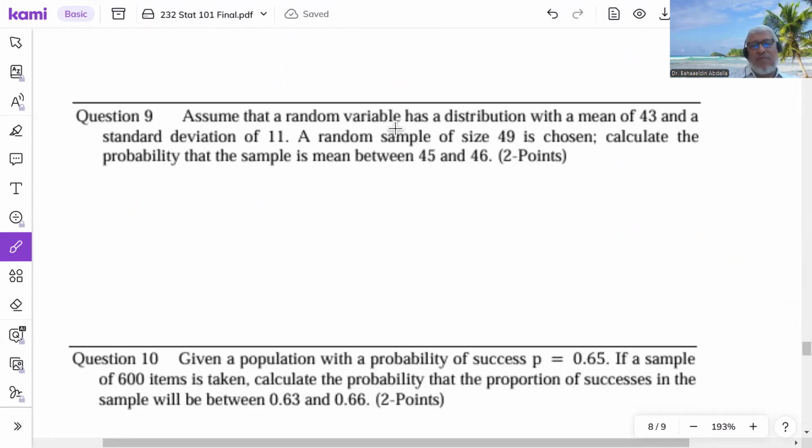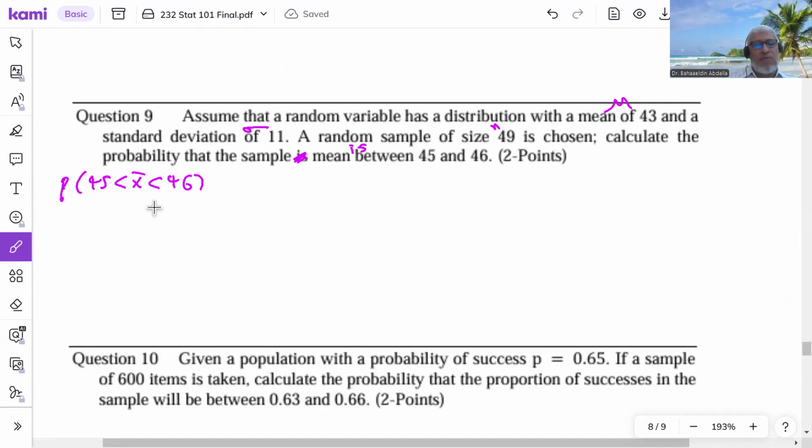Assume that a random variable has a distribution with a mean of 43 and standard deviation 11. A random sample of 49 is chosen. Calculate the probability that the sample mean is between 45 and 46. So the sample mean is x bar. We need to find the probability that x bar is between 45 and 46.